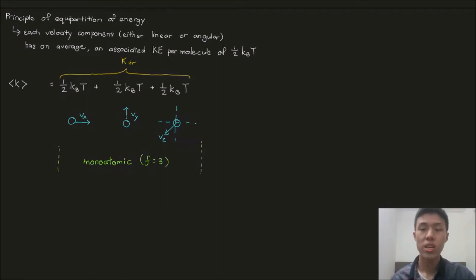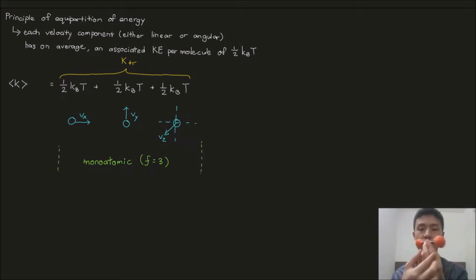Okay, so let's proceed. Let's say you don't have just one single gas particle. Let's say you have two particles forming a gas molecule. In this case, besides moving in the x direction, y direction, and z direction, the particle also has the ability to rotate. So how many types of rotation?